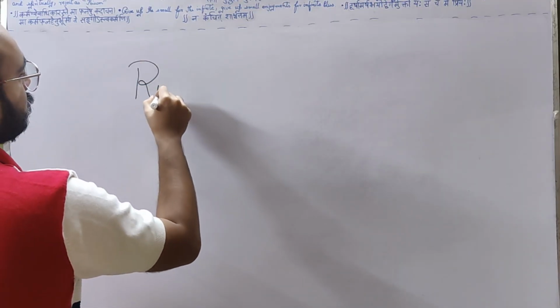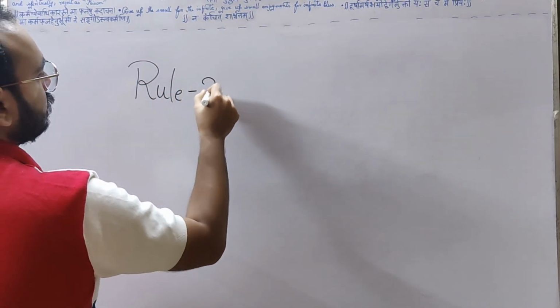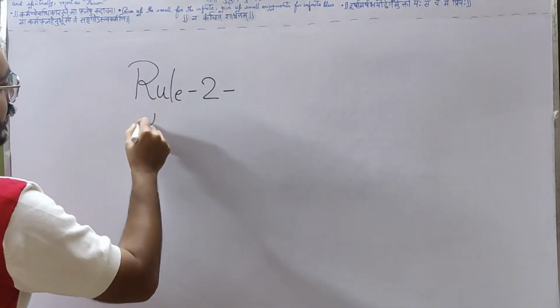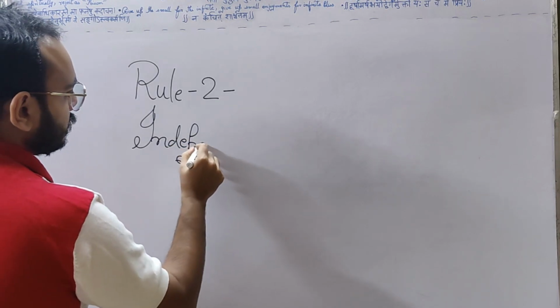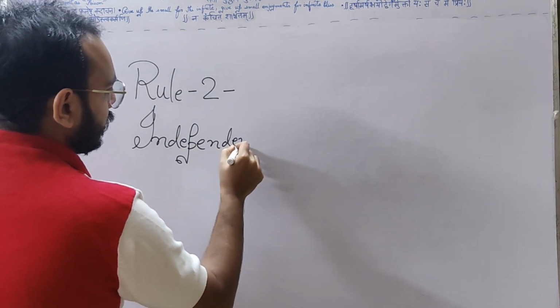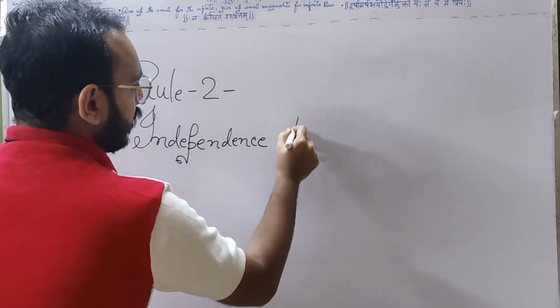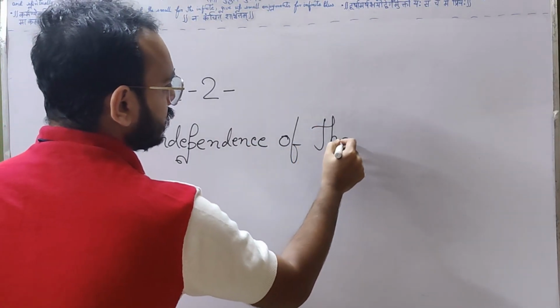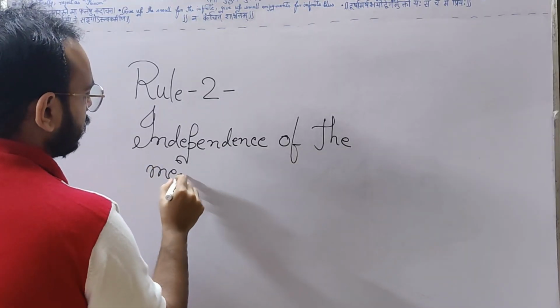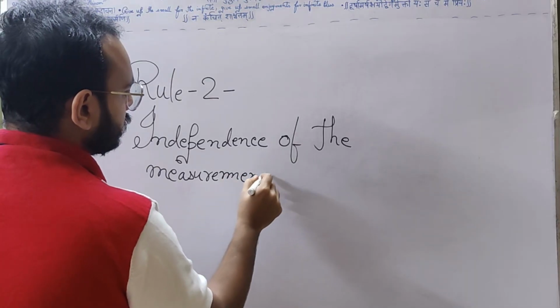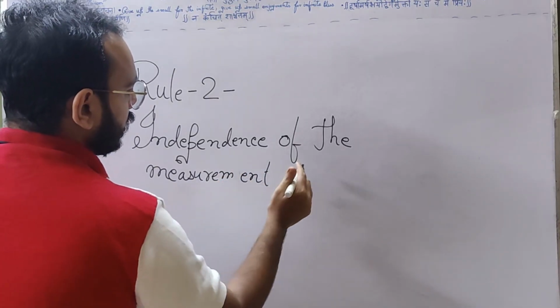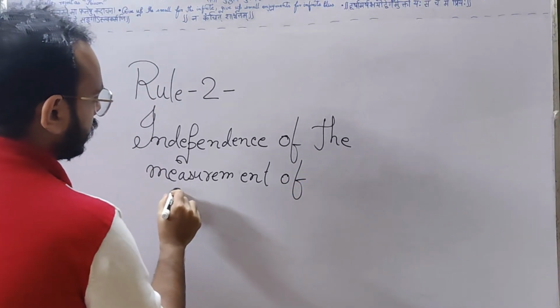So rule 2 should be: independence of the measurement of coordinates.